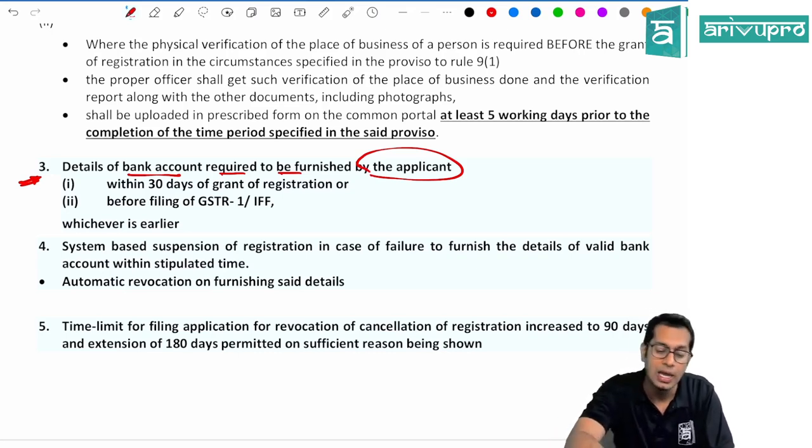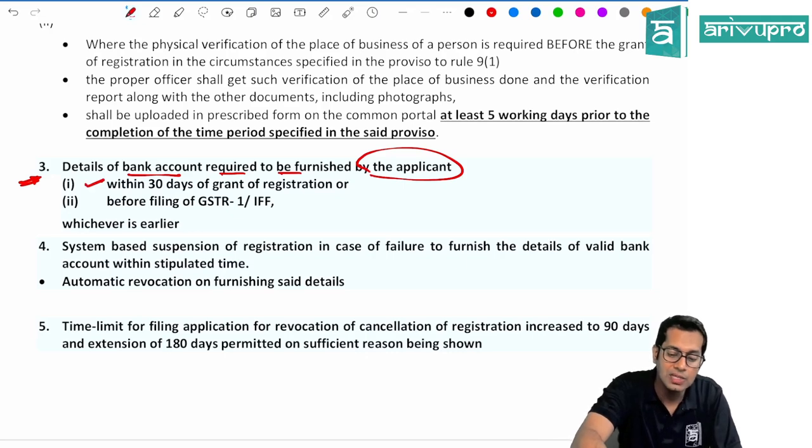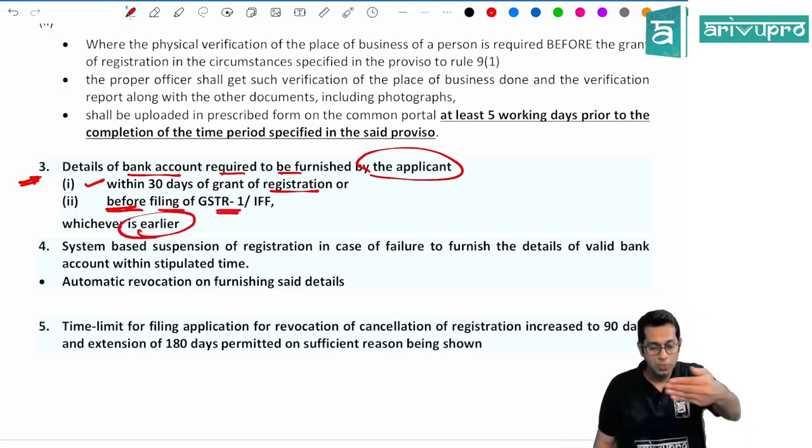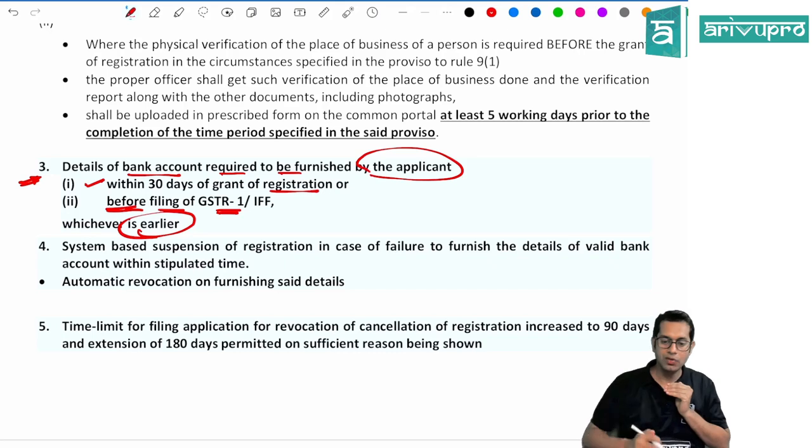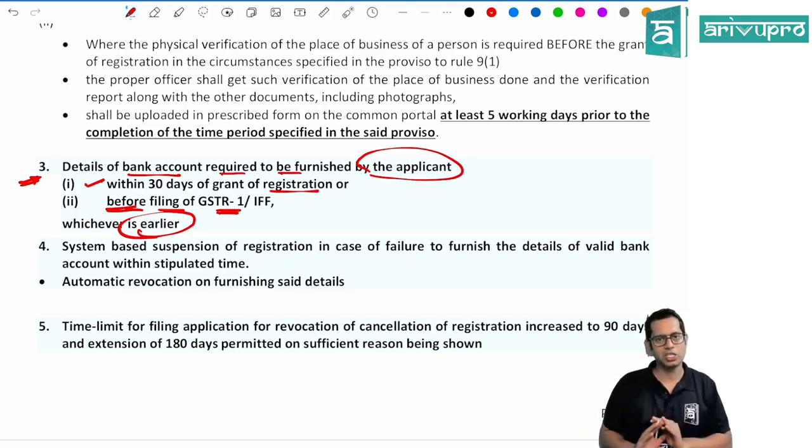But when should he submit? He should submit within 30 days from the date of grant of registration, or before filing the GST return, whichever is earlier. So before filing the first GST return, that is GSTR-1, or within 30 days from the date of getting registration, whichever is earlier, you should upload the bank account details.